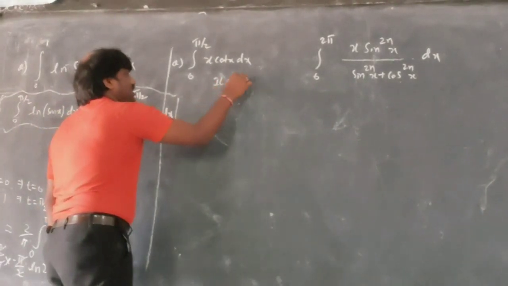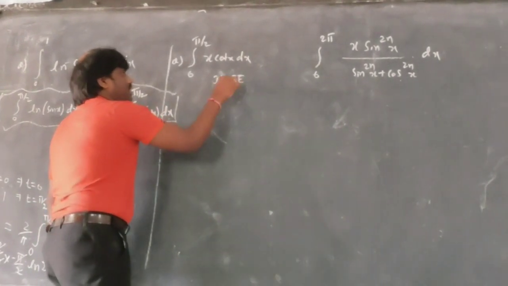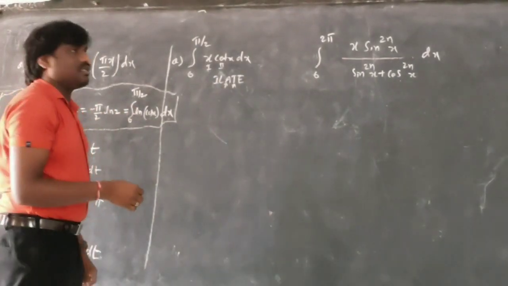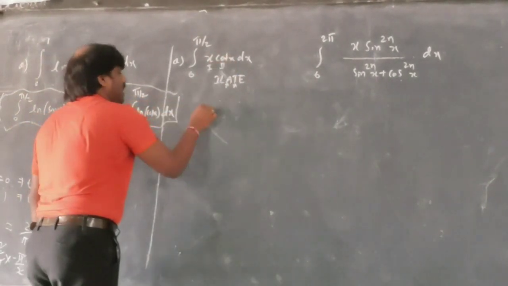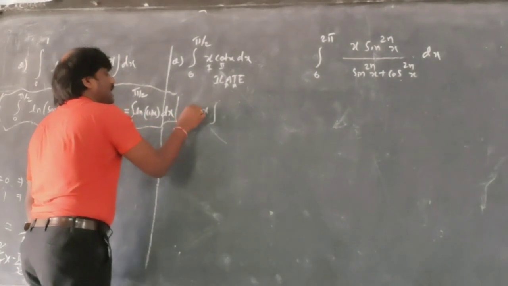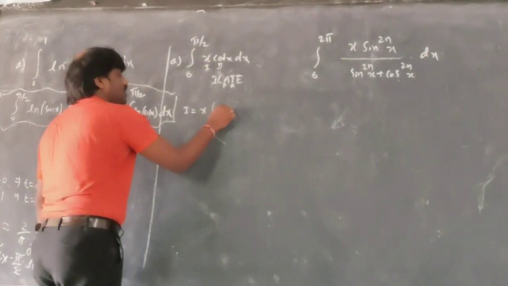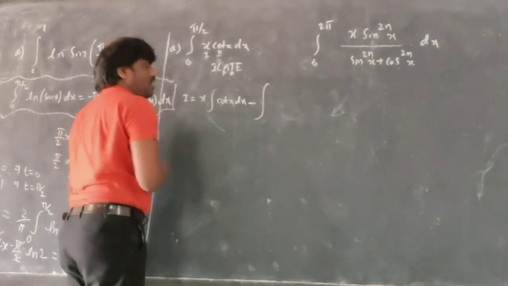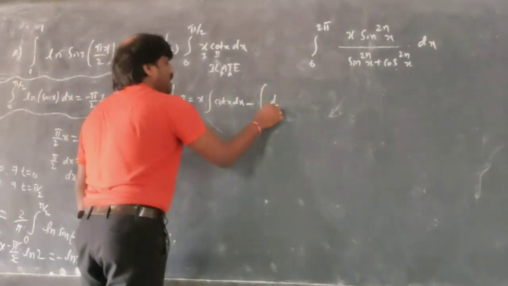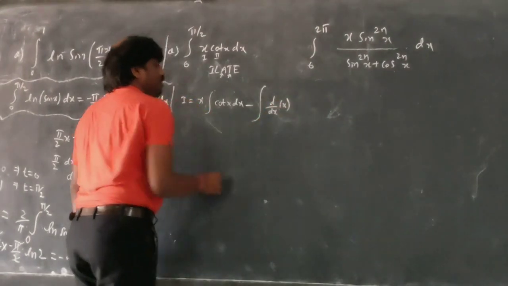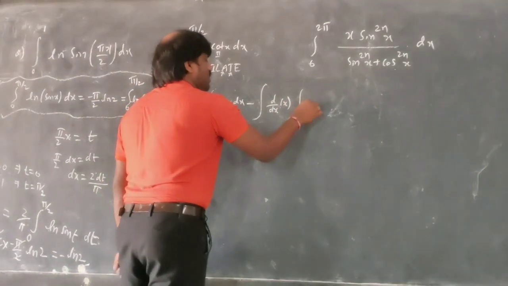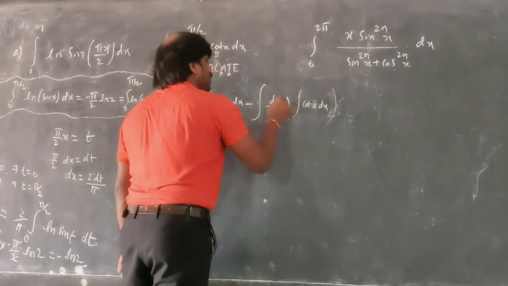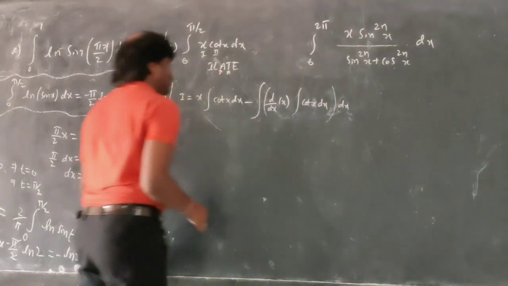In this case, the trigonometric function is the second function, and x is the first. So I can write here: x is the first function, integral of cot x dx, minus the integral of d/dx of x into the integral of cot x dx, whole dx, using integration by parts.